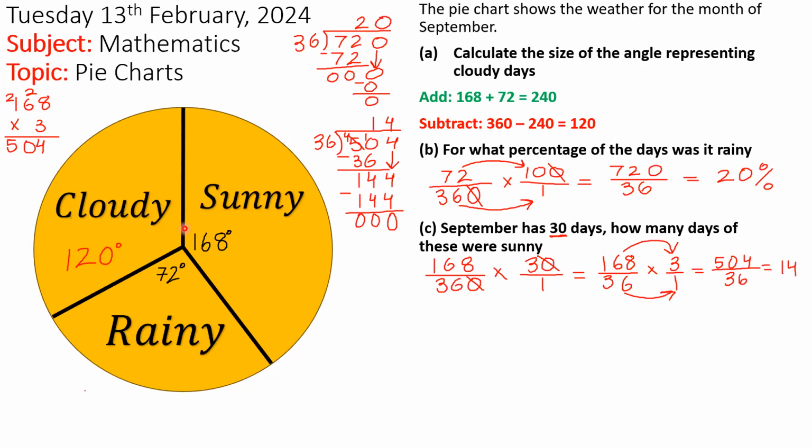We cross out the 0 from 30 and the 0 from 360, which leaves us with 168 over 36 times 3 over 1. We then multiply 168 times 3, which gives us 504 over 36. We divide 504 into 36, which gives us 14.